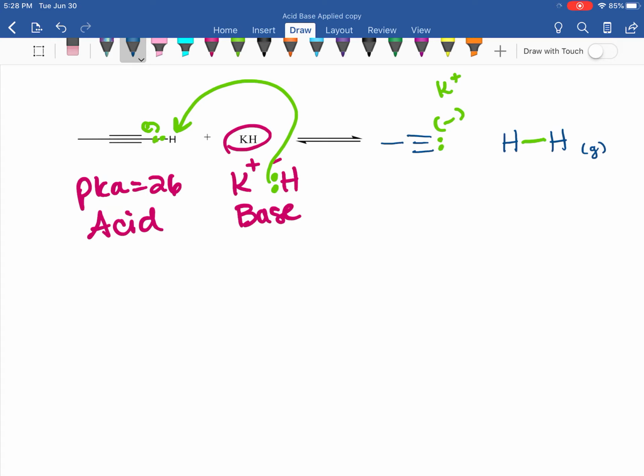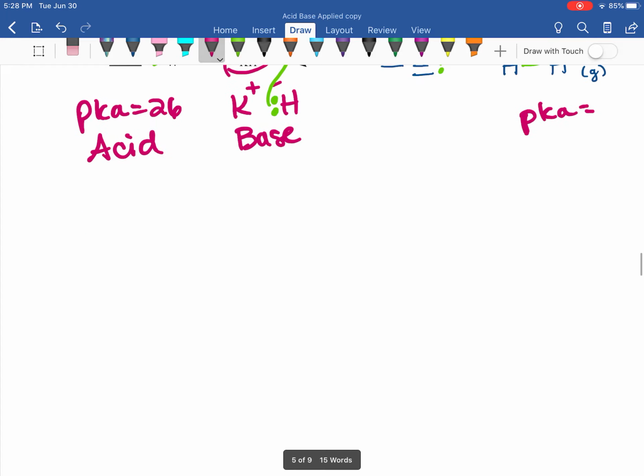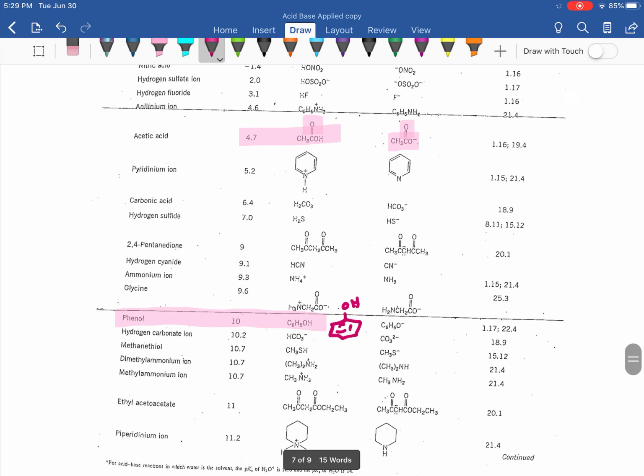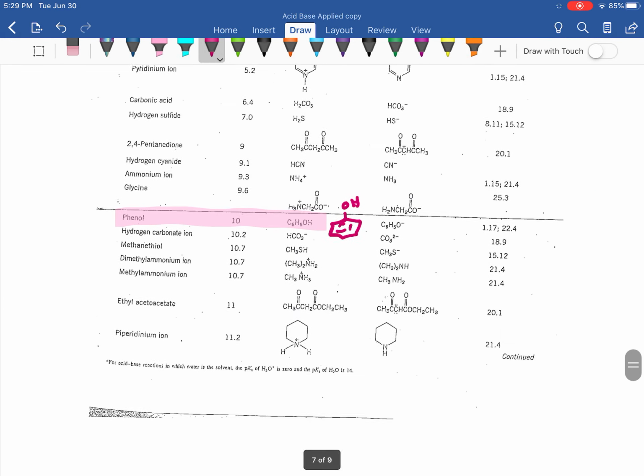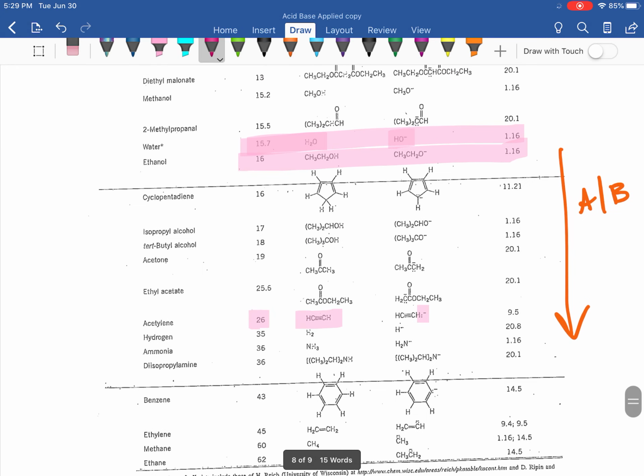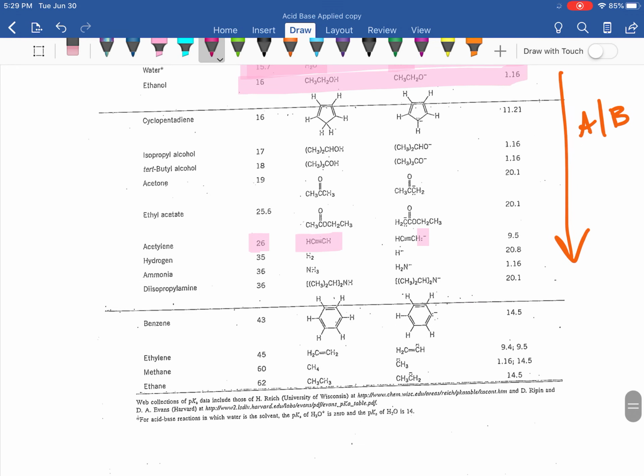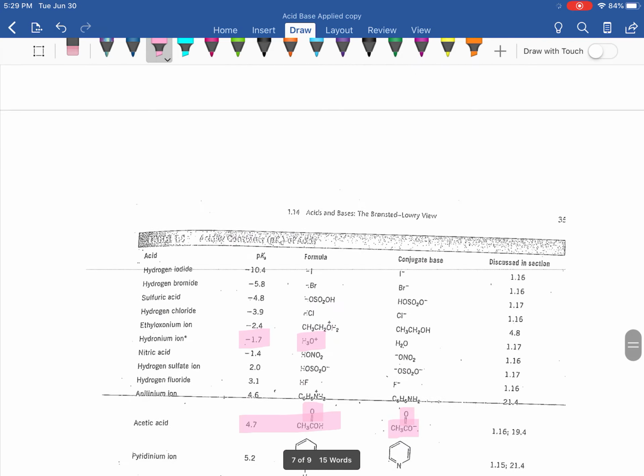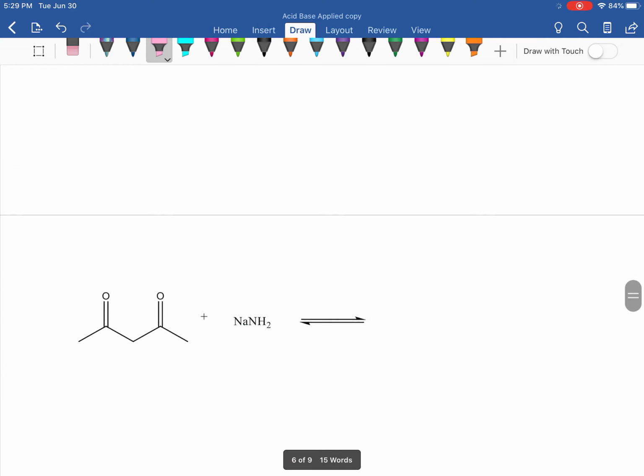This is an extremely common base in organic chemistry for two reasons. One, let's go grab the pKa. It's on our table. Let's go look. Let's keep looking. Holy crap, look at that. pKa 35.